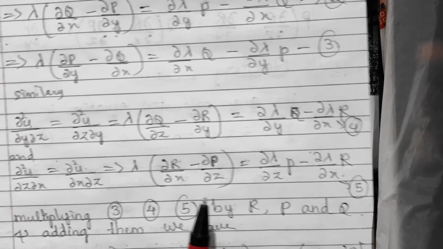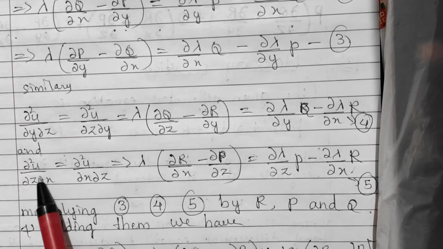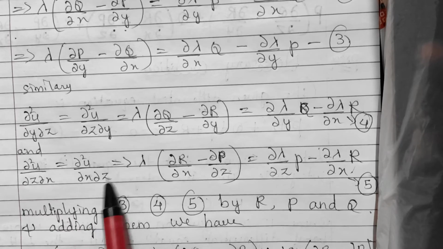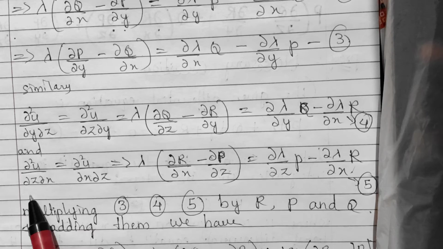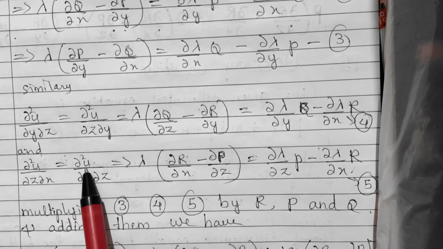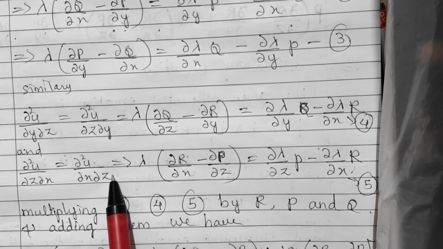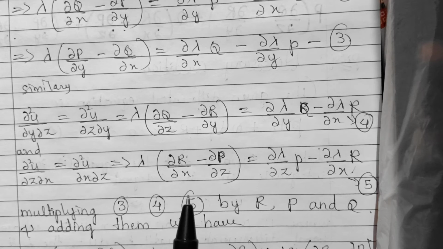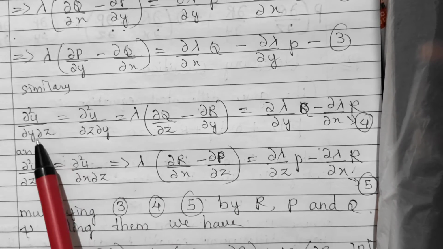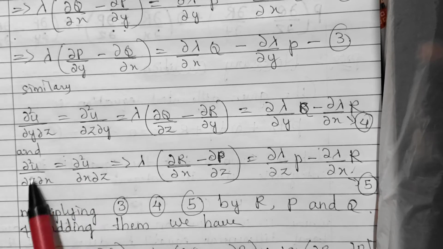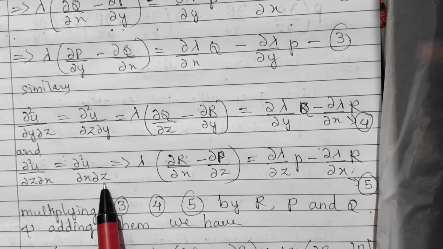Again similarly, we have to take zx and xz, the exact condition for these two. ∂²u/∂z∂x equals ∂²u/∂x∂z. Already we solved for xy and yx. So here you may solve yz, zy, and the other is zx and xz.